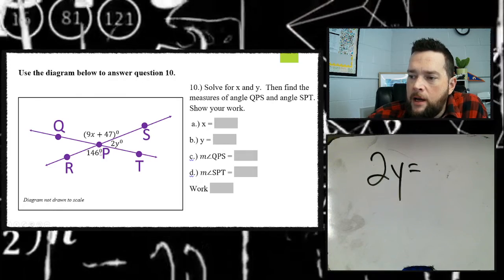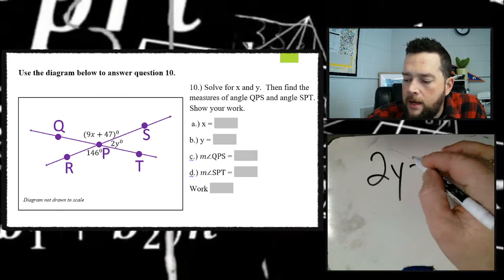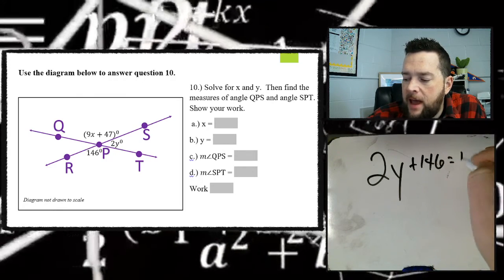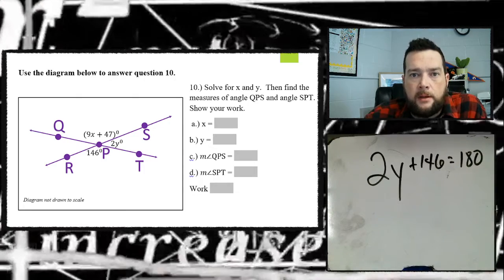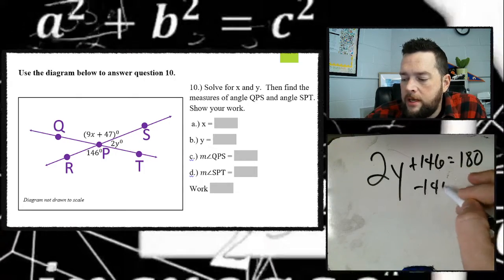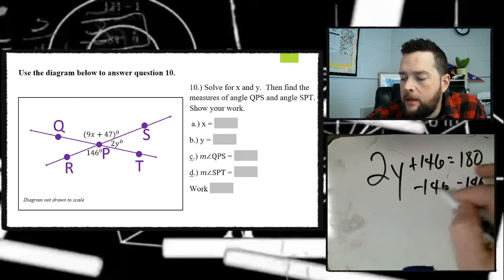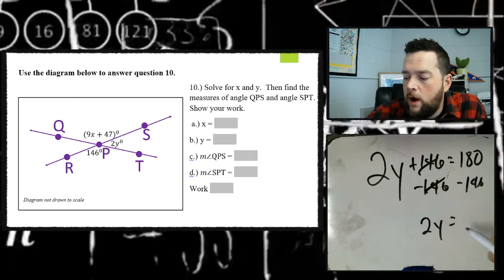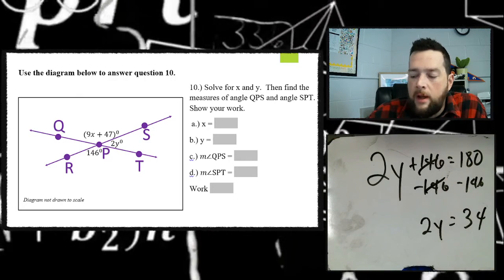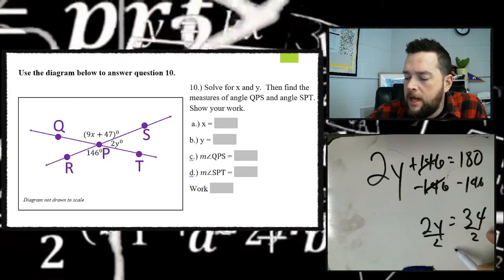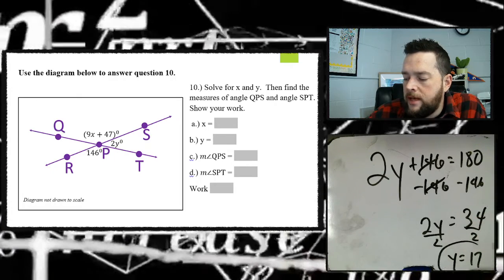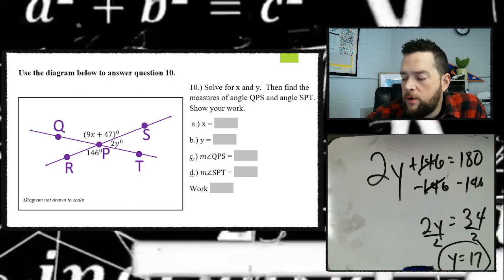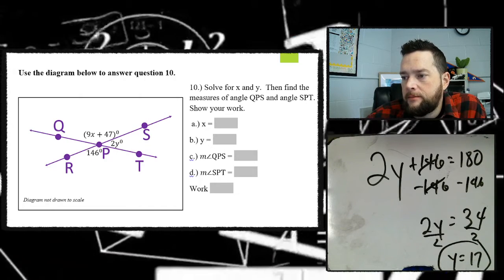So I know 2y plus 146 have to add up to 180. Then I could take the 146 away from the 180 and find out that 2y has to be 34. Then I can divide by 2 on both sides and find out that y equals 17. So in this case, y equals 17.